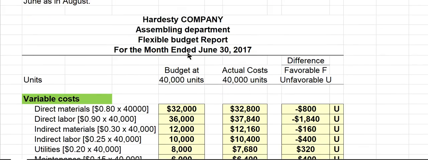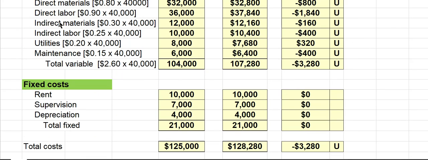You follow the same pattern all the way through with your indirect materials. Notice the unit cost is constant. Multiplied by the new activity level of 40,000, that's our budgeted cost for indirect labor. Actual is the prior month's cost multiplied by 0.80, and we do that all the way through until we get to the end.